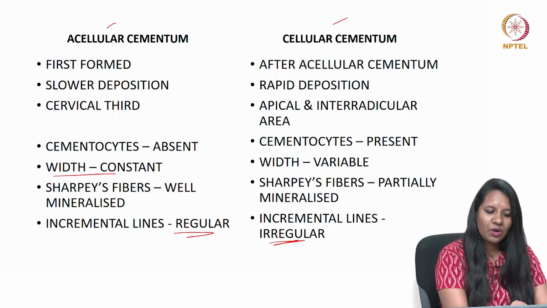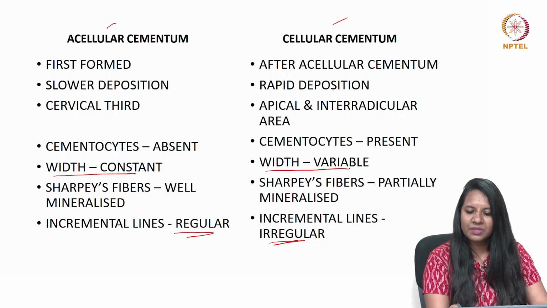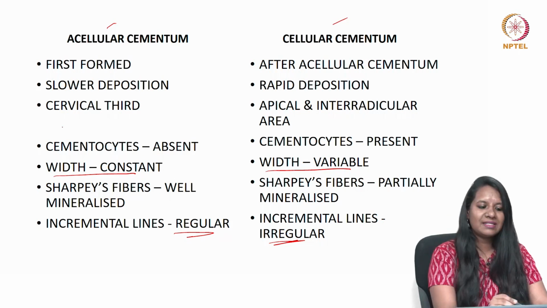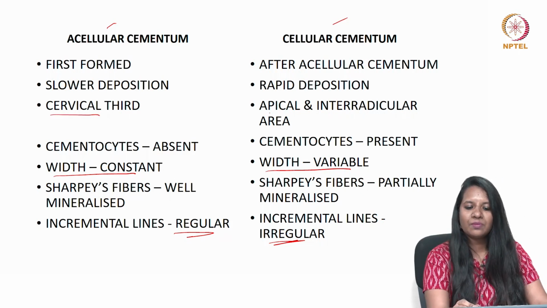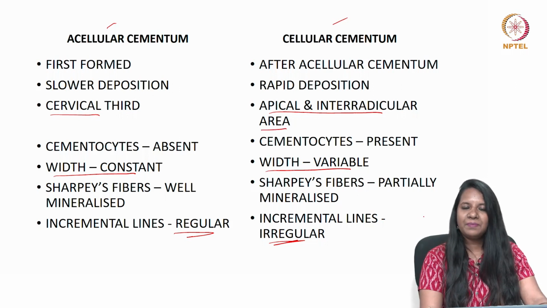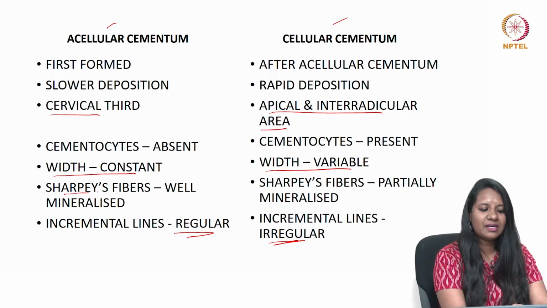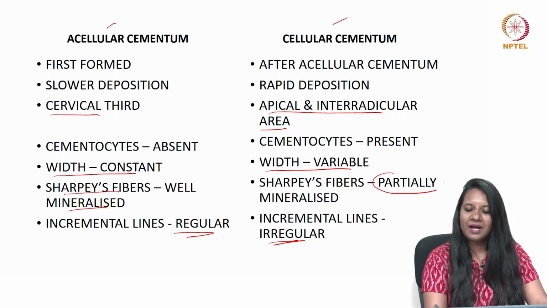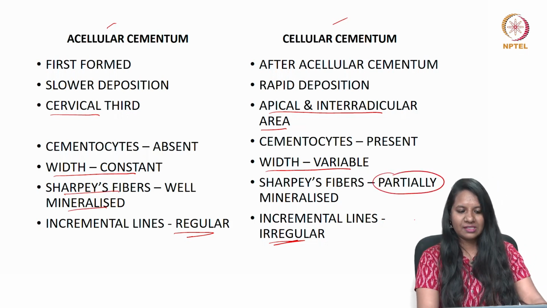The width is constant in acellular cementum. In cellular cementum, the width is variable. Acellular cementum is present in the cervical third, whereas cellular cementum is present in the apical and interradicular area. And Sharpey's fibers are well mineralized in acellular cementum. They are partially mineralized in cellular cementum.